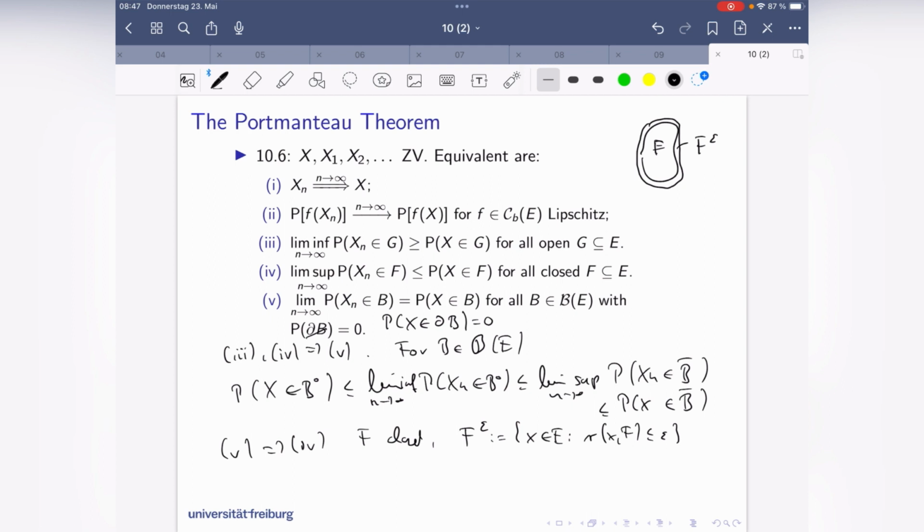And why is that a trick? Because I know that pi of x in this border of f epsilon must be 0 for almost all epsilon. Because the boundary of f epsilon, if epsilon is different, this boundary is also different.